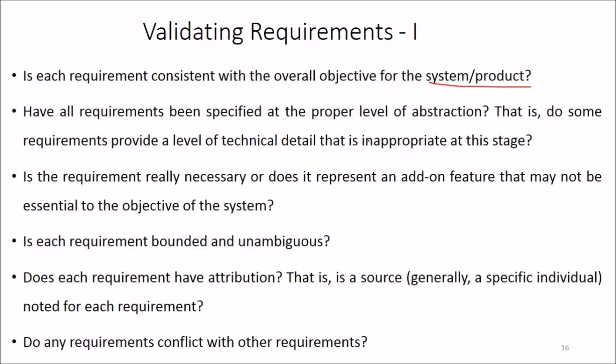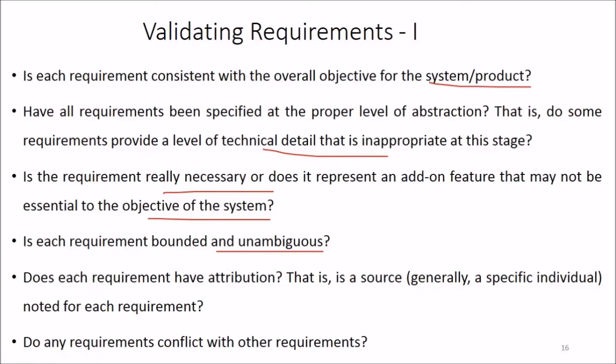That is, do some requirements provide a level of technical detail that is inappropriate at this stage? Is the requirement really necessary, or does it represent an add-on feature that may not be essential for the objective of the system? Is each requirement bounded and unambiguous, meaning it is clear? Does each requirement have attribution, meaning a source, generally a specific individual, is noted for each requirement? And do any requirements conflict with other requirements?